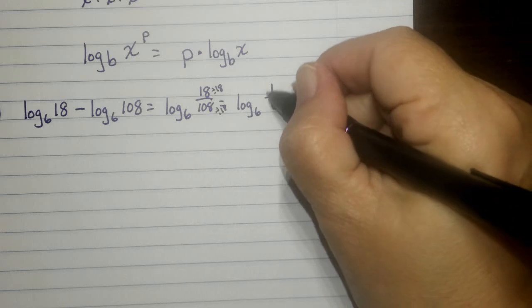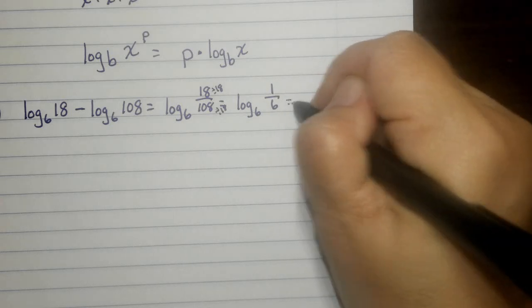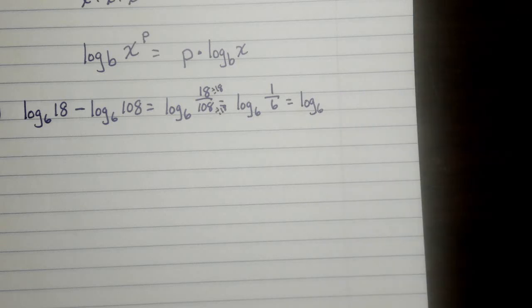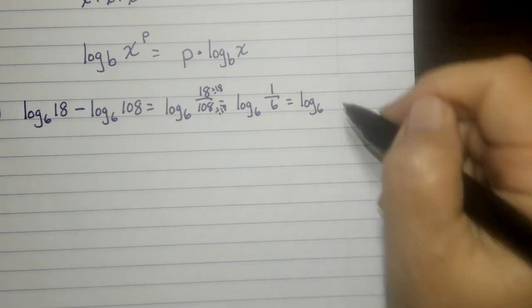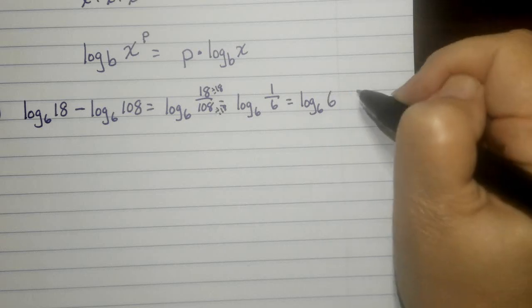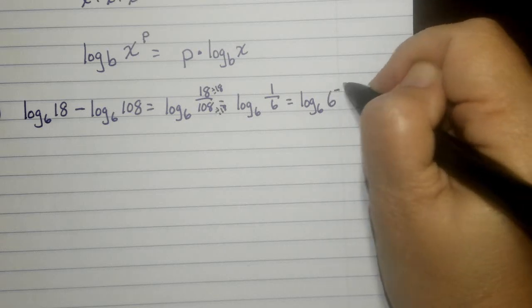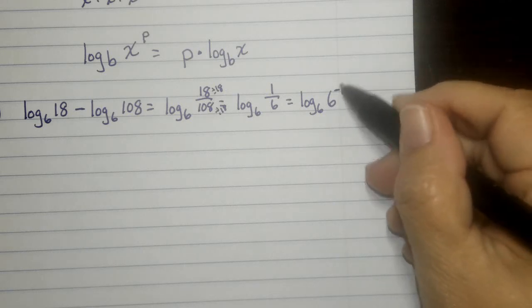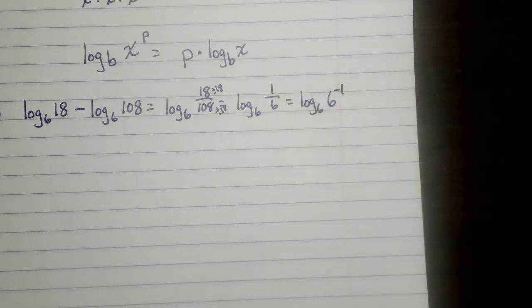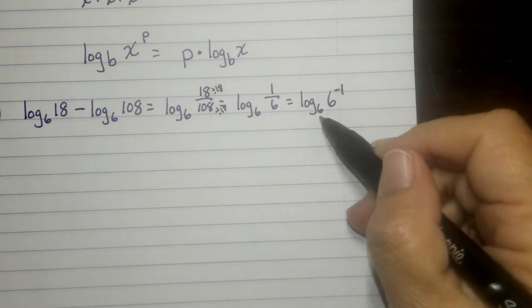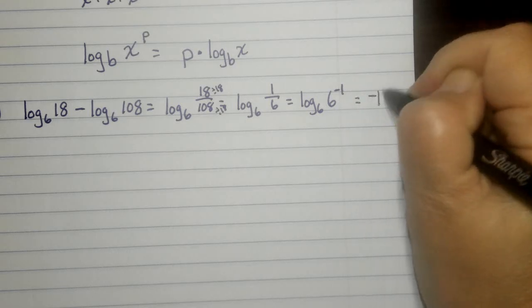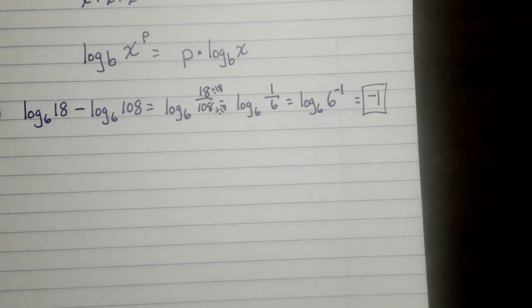Alright. How can I rewrite 1/6 with an exponent? Six to the negative 1 power. Remember, if you have a negative exponent, it's 1 over that amount. So now if I have log base 6 of 6 to the negative 1, what's my answer? Just negative 1. See, I did all that, no calculator needed.